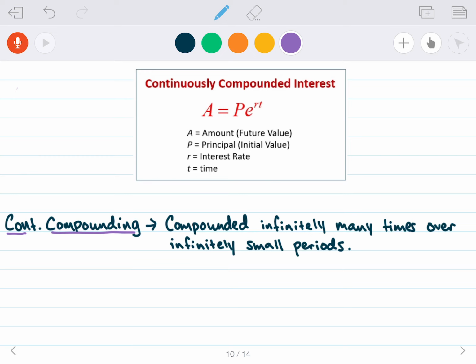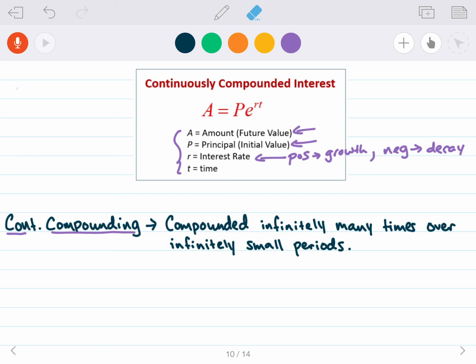Okay, so we have some components of our formula. A lot of them are the same as the previous formula. So our amount A is our future value, P is our initial value, our principal, R is our interest rate like before, but we make it positive when we're talking about growth, and we make it negative when we're talking about decay. So that's the little difference there. And then time, again, is the same, how much time has passed since you've left your investment alone or since you started paying off a debt.